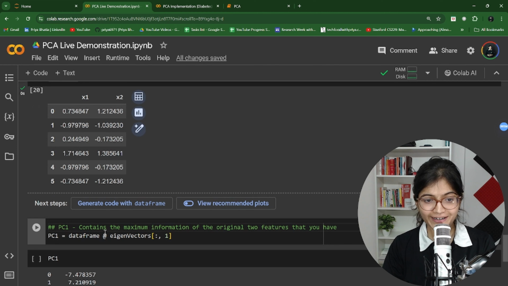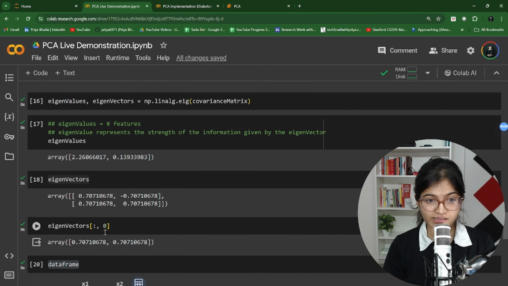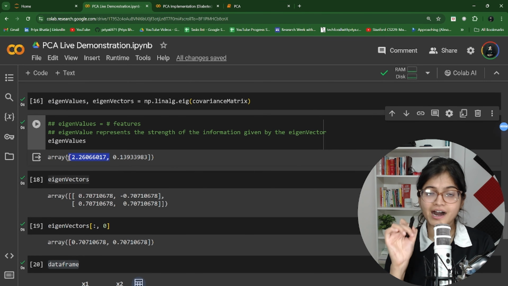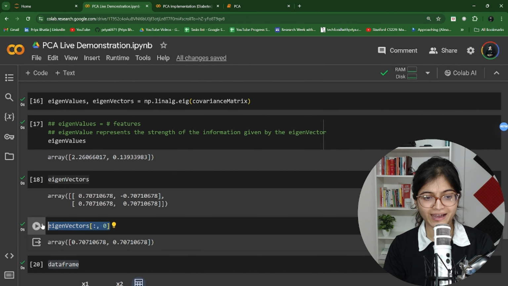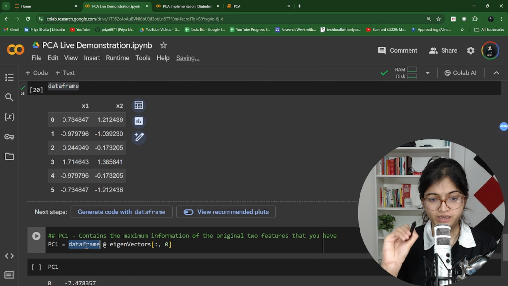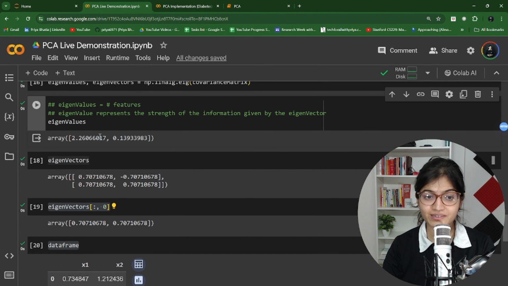Finally, the question is how we will be able to get the very first principal component. See, the zeroth value indicates the highest eigenvalue. So I will take this zeroth one as the eigenvector. I will do the matrix multiplication of the given data frame with that zeroth column, because this has the highest eigenvalue.